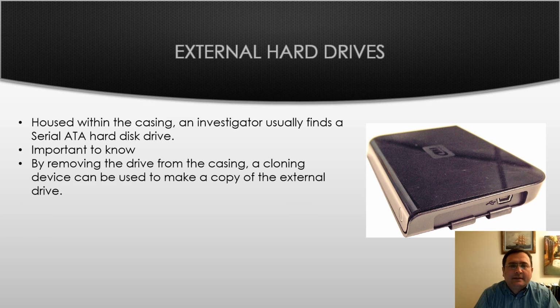Housed within the casing, an investigator usually finds a SATA hard disk drive. This is important to know because if there's a limited amount of time to acquire evidence, or the external hard drive cannot be removed from the premises, it's probably advisable to remove the hard disk drive from the outer casing.